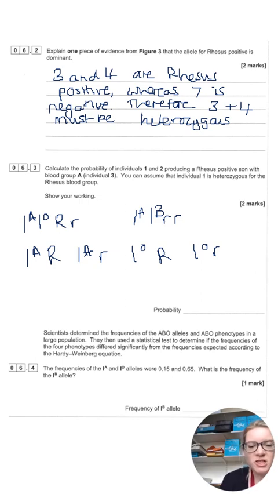So there's 4 different gametes that we can have for father. The mother's gametes, she's going to have A and little r, or B and little r. Makes this a little bit easier.